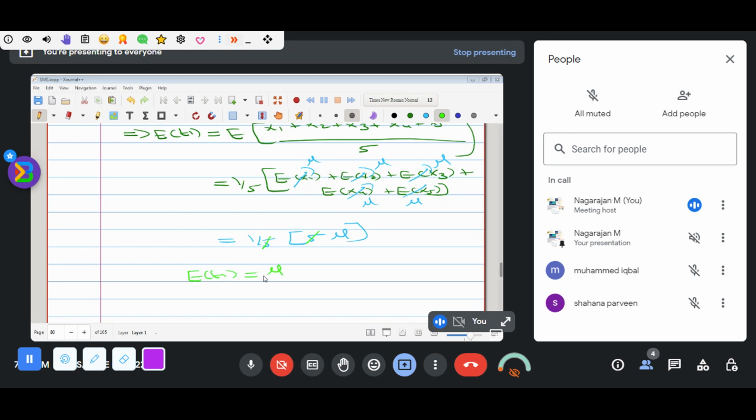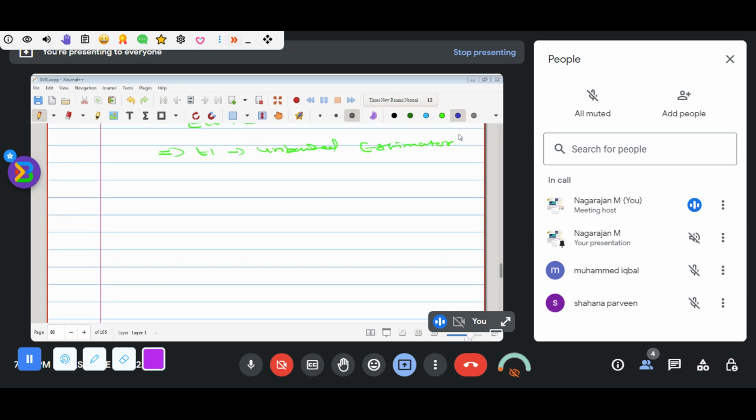As per the definition of an unbiased estimator, E of T1 is equal to mu, which implies that T1 is called an unbiased estimator. Okay, the first part is over. What is the second part? You want to show that T2 is also an unbiased estimator.